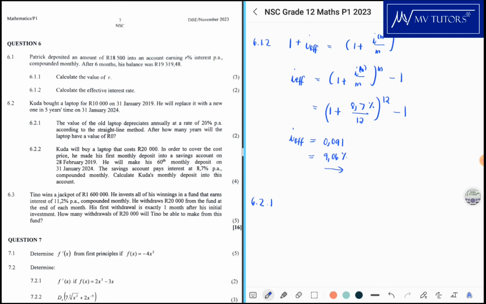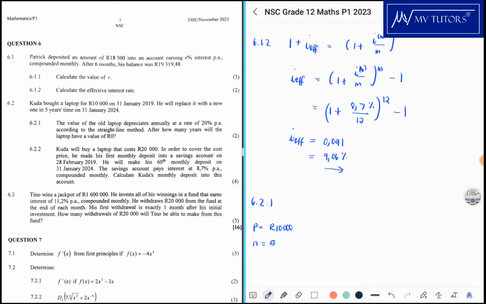So let's just summarize the information that we know. We know the principal amount it was bought for, 10,000, and the period at hand. If it's from 2019 to 2024, that's 5 years. What else do we know?